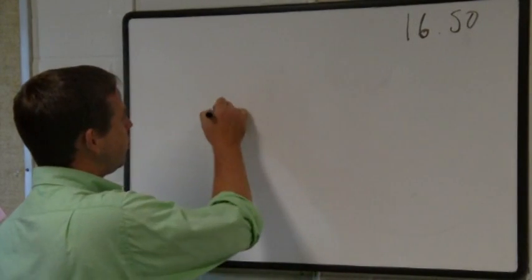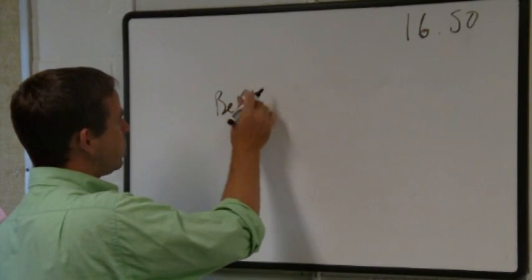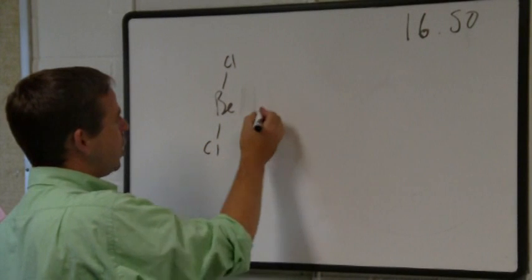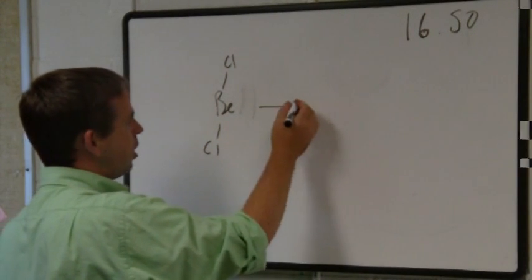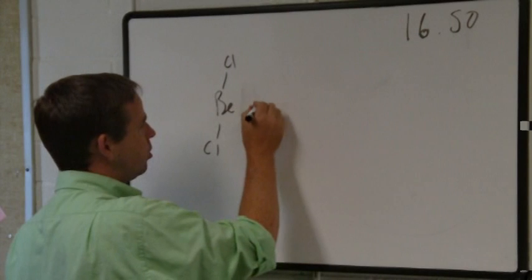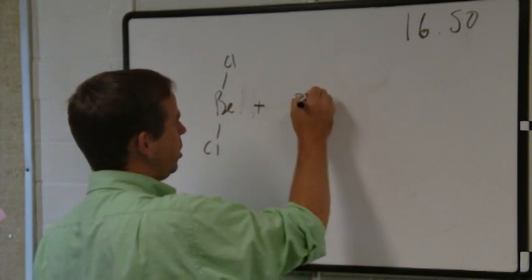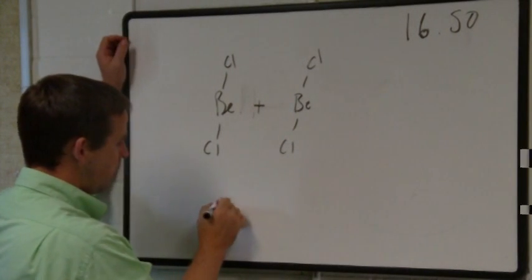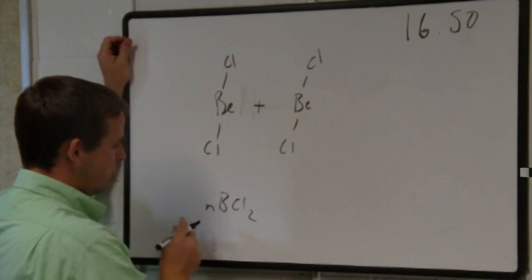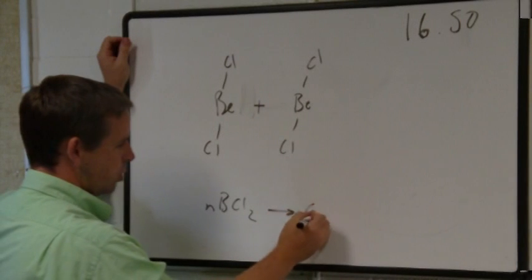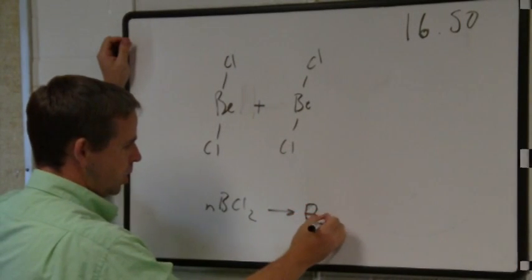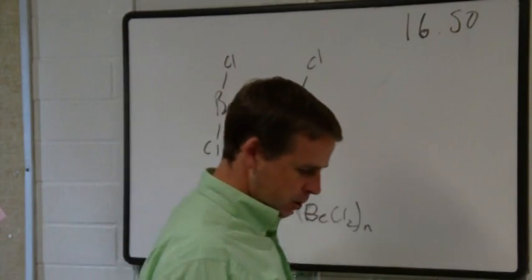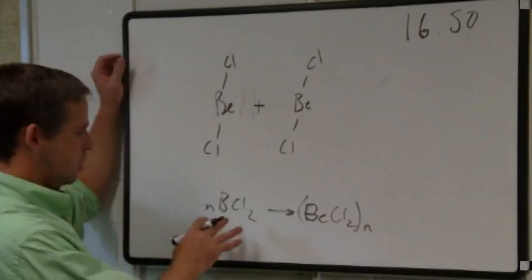So if we have BeCl2, we can draw this, and it is going to interact with another BeCl2. So the chemical reaction that they write is BeCl2 N values, and the result is going to be BeCl2, and we're going to get N of them forming some chain, right? So they have N.